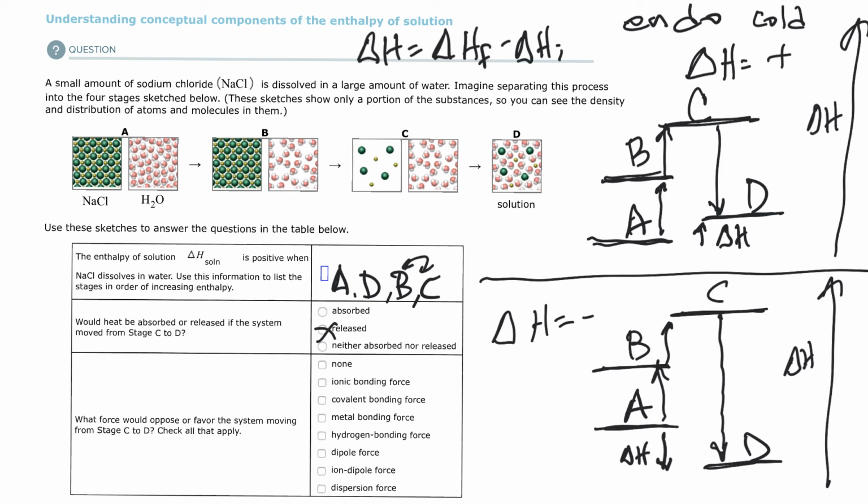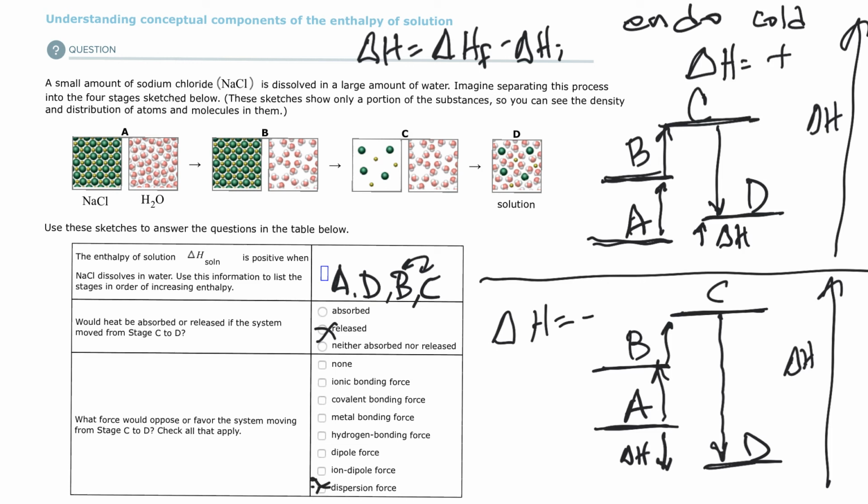Last question says, what force would oppose or favor the system moving from stages C to D? What would cause C to not go to D? What's keeping the water molecules attached to each other? What's causing the salt molecules to attach to each other? You've got a couple. You're always going to have dispersion forces, because all molecules are going to be attracted together.